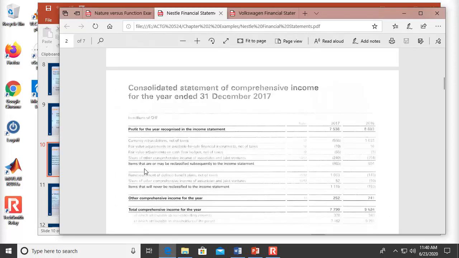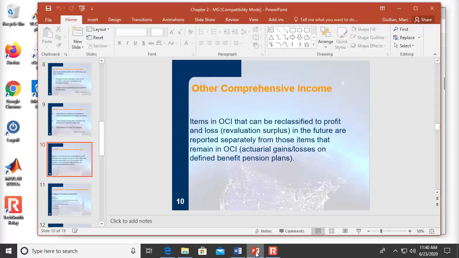You'll notice items that are or may be reclassified subsequently to the income statement, and then items that will never be reclassified. Notice remeasurement of defined benefit plans: the pension items are appropriately noted and classified by Nestle in their OCI. All right, I thought those examples were a little bit interesting.